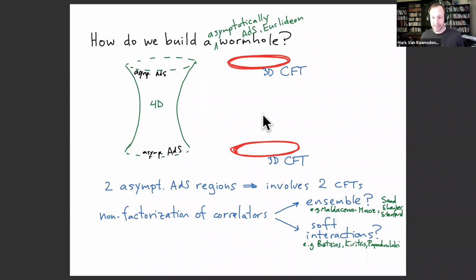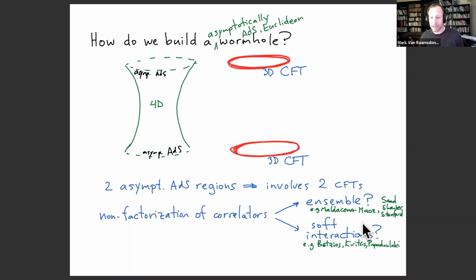Instead of just the partition function for the single CFT, you take the product of partition functions, but then average that over an ensemble of CFTs, and then maybe that is the thing that this gravity solution is describing. So that's one possible resolution for the factorization problem, because in the ensemble average, correlators don't factorize.